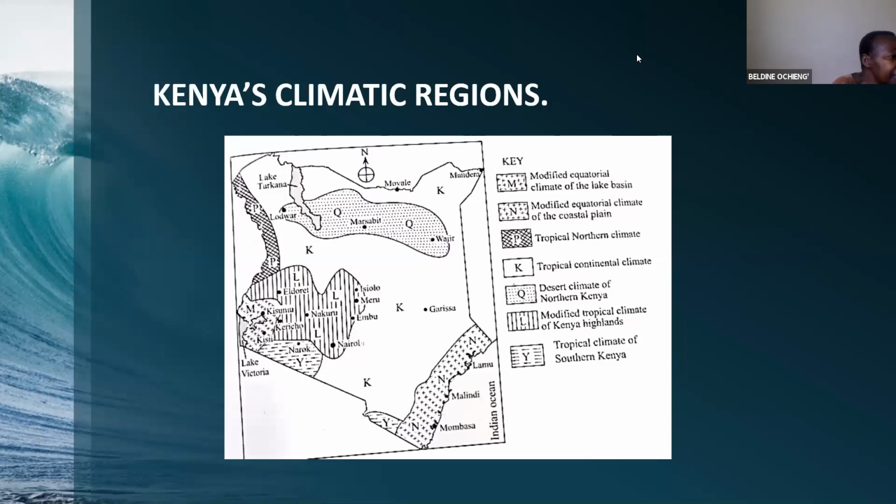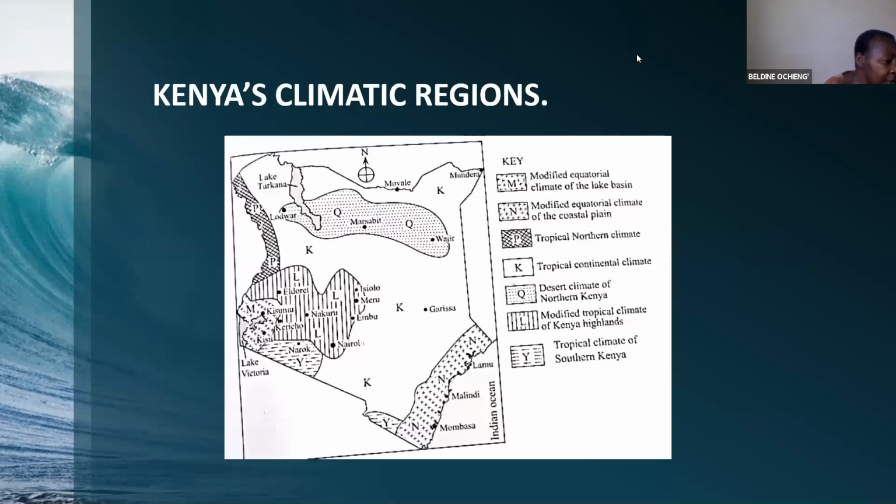The modifications are due to either the lake, the water body, or highland that modifies. So they have their own climate beyond the surrounding area because they are modified either by the relief feature, the highlands, or because of the ocean or Lake Victoria.